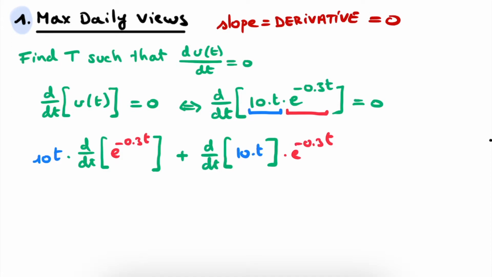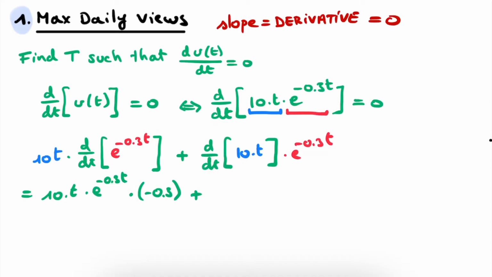And these derivatives can be very easily calculated. So we have 10 multiplied by t, multiplied by the derivative of this e power. And the derivative of this e power is simply this e power itself. And we have to take into account the chain rule. So we multiply by the factor in front of the t inside of this exponent, minus 0.3.